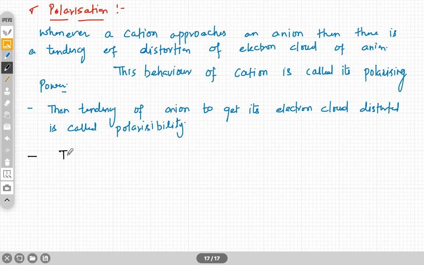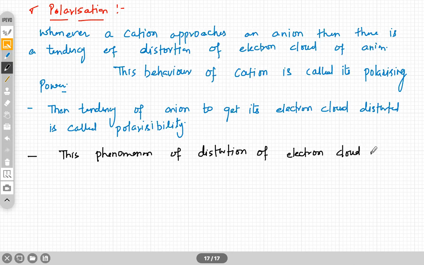And this phenomenon of distortion of electron cloud is called polarization.